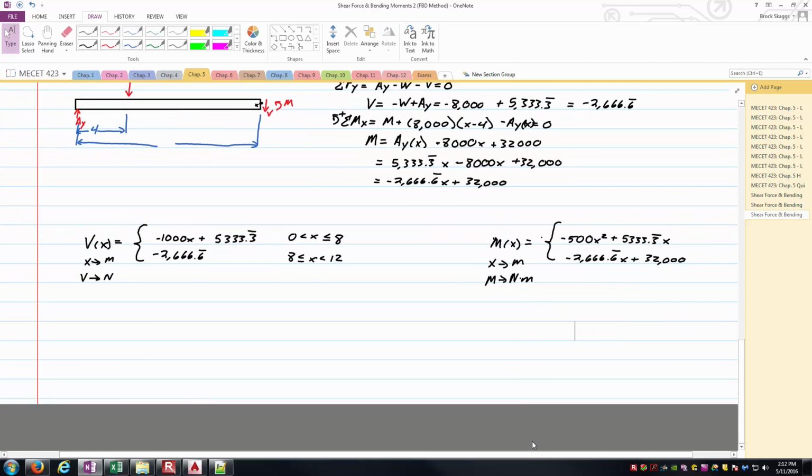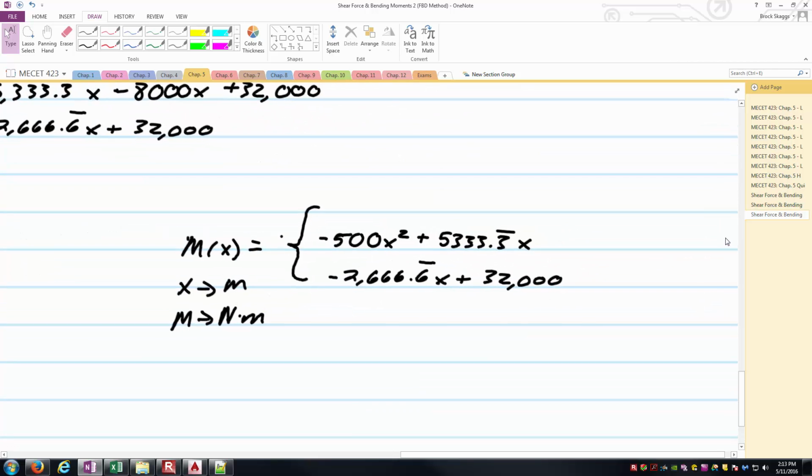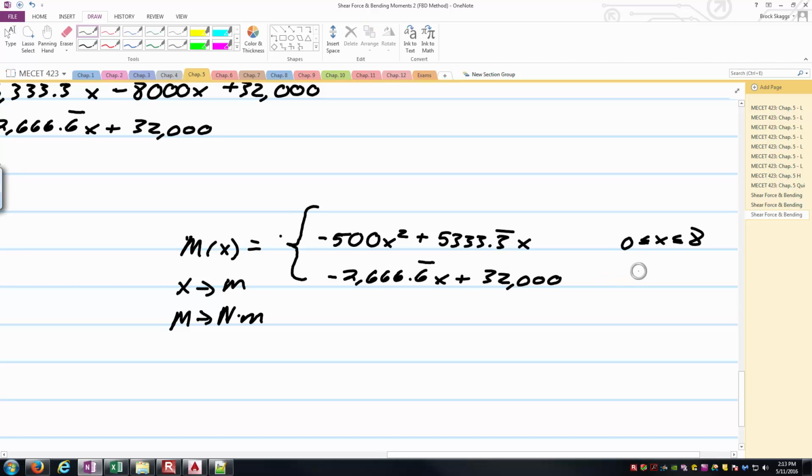And so relationships here, there's no concentrated moments happening, so we can put less than or equal to's on both of these sides, so it'll be between 0 and 8, and between 8 and 12 here.